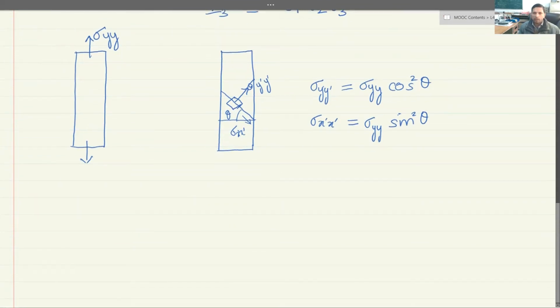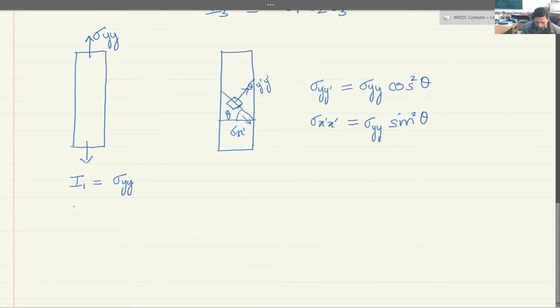We will find the invariants in both the conditions, and as I said, since it is an invariant, we are expecting that the values should remain the same in the left and the right conditions. So for the left, I1 is sigma xx plus sigma yy plus sigma zz, and therefore the only element that we have here is sigma yy.